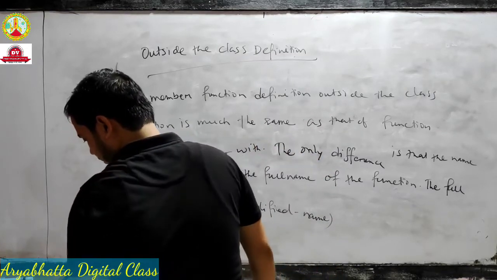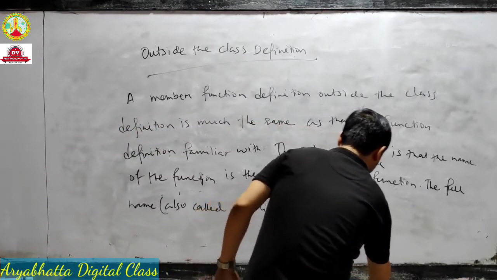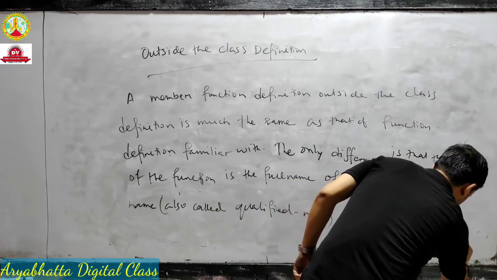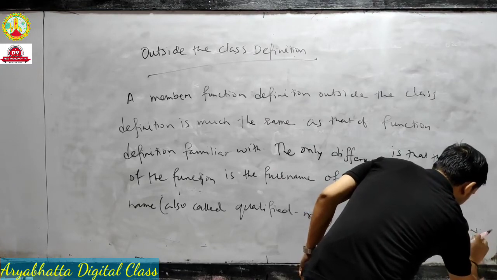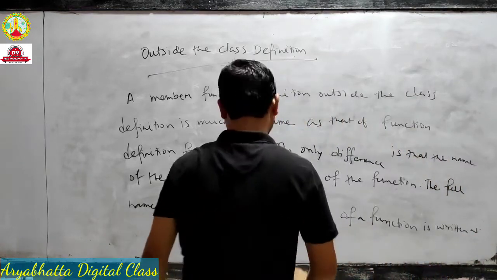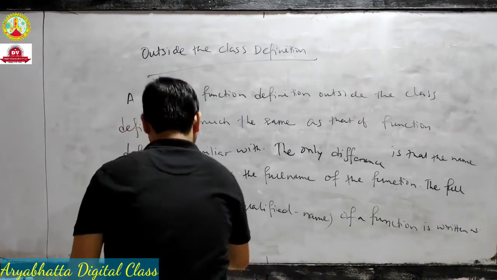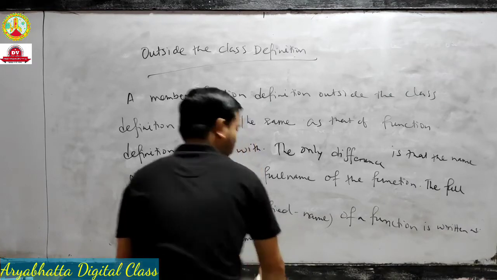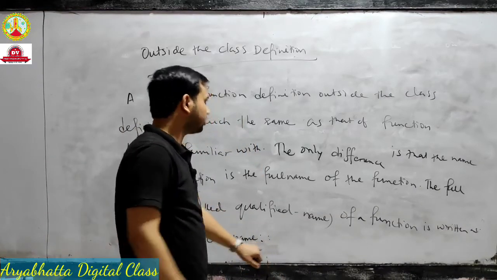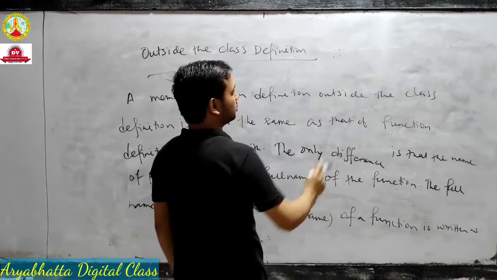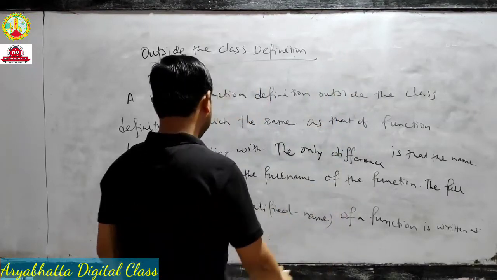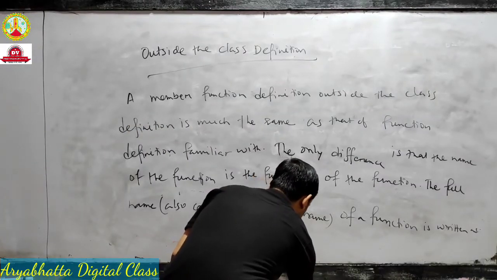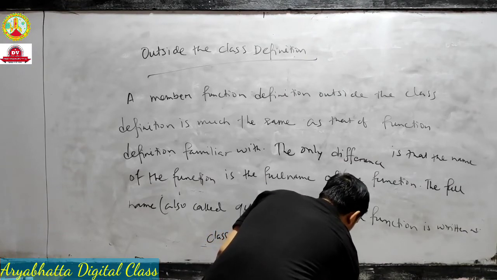The qualified name of a function is written as: class name, then the scope resolution operator, which is called scope resolution with respect to the class name, and here we write the function name.